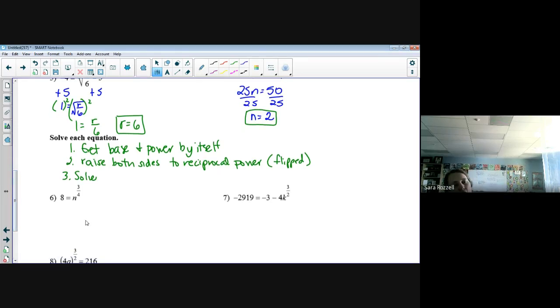So we get the base and power by itself, raise both sides to the reciprocal power, and then we're going to solve.